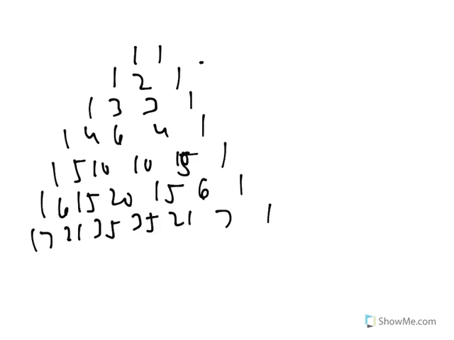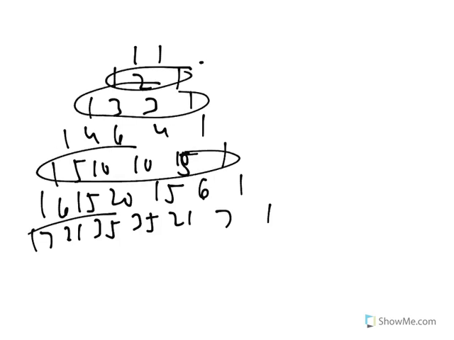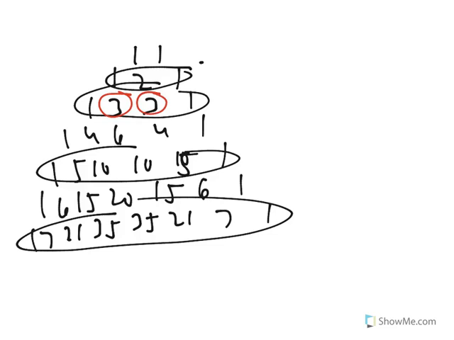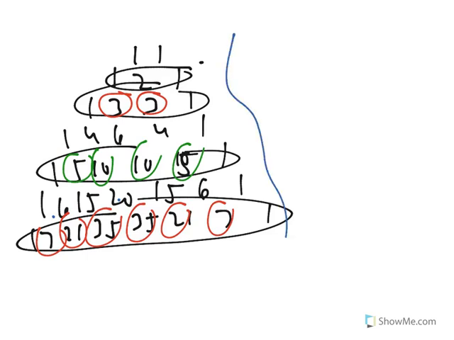All the rows that have a prime number as their second number have in common that all the numbers inside that row, except for the ones, are divisible by the row number. So 3 and 3 is divisible by 3, 5, 10, 10, 5 is divisible by 5, 7, 21, 35, 35, 21, 7 is divisible by 7. Whereas for these other rows that's not true, like 20 is not divisible by 6, for instance.